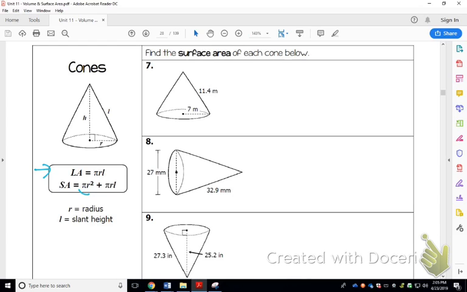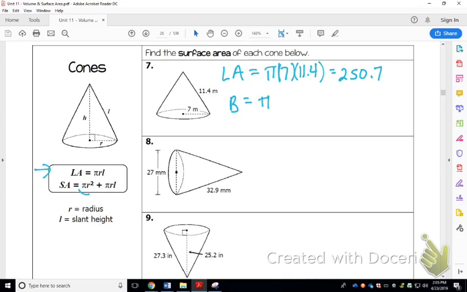All right, so let's do 7. So we have our lateral area, pi, what's our radius? 7. And our slant height? 11.4. So multiply that out for me, see what you get. $250.7, and then the area of your base.